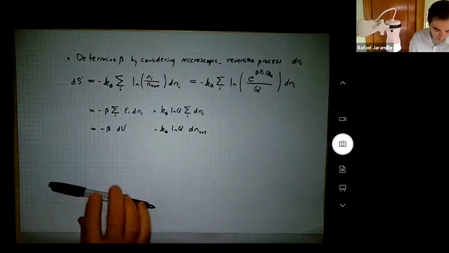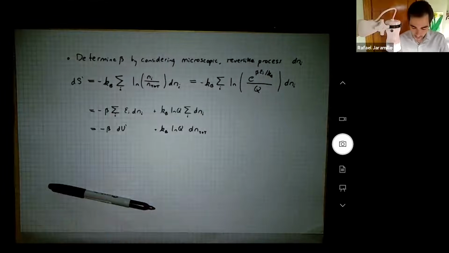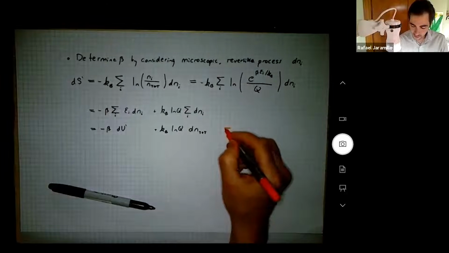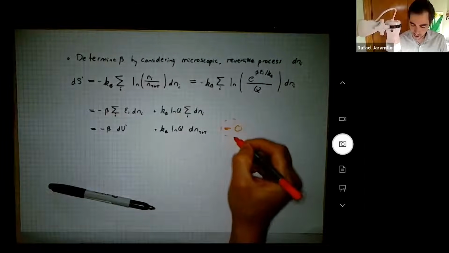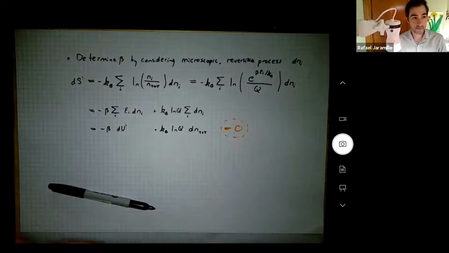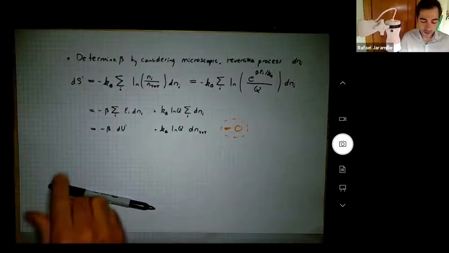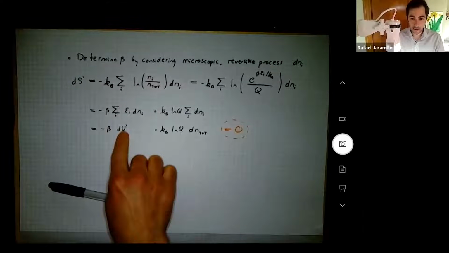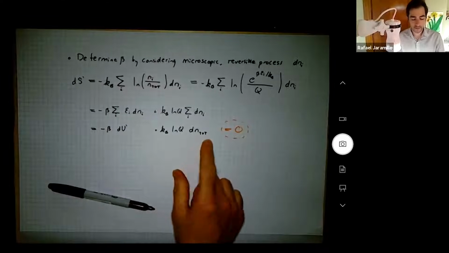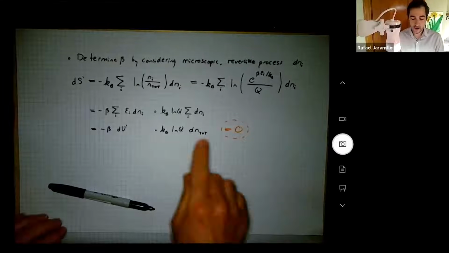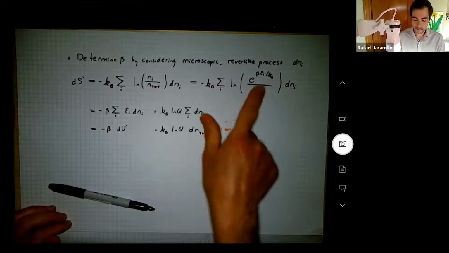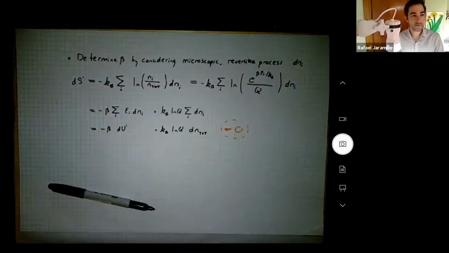So first thing to note, this is zero by construction. This is the Lagrange multiplier working. Because we wanted dS to be zero under conditions where dU was zero and dn total was zero. And we see that for this distribution, it works out.